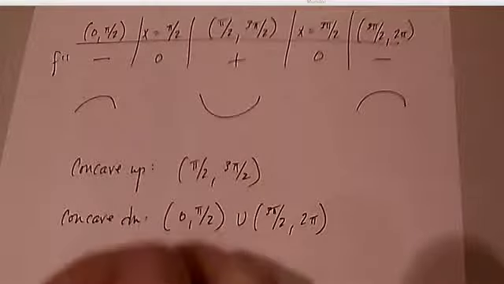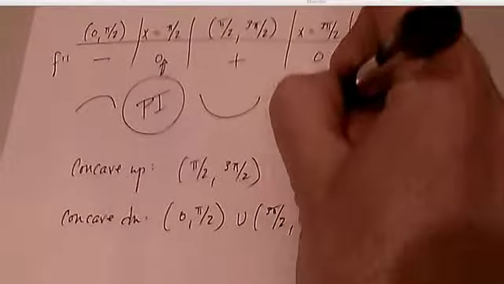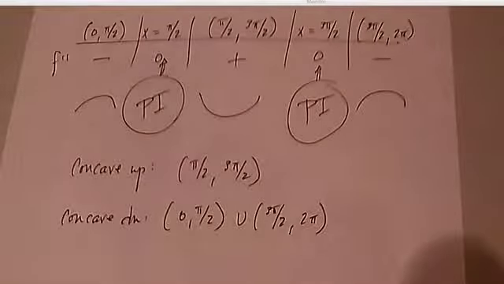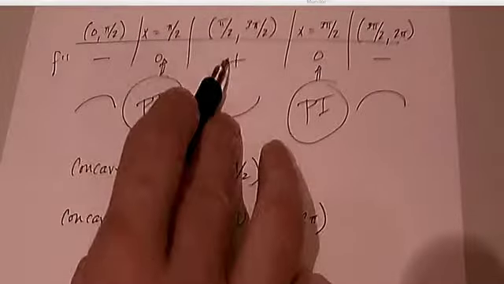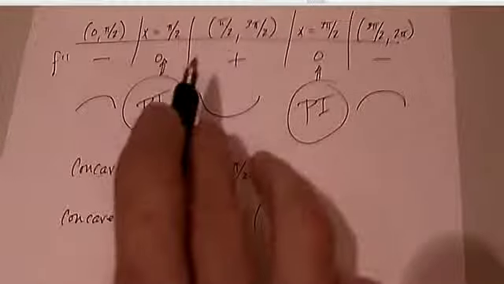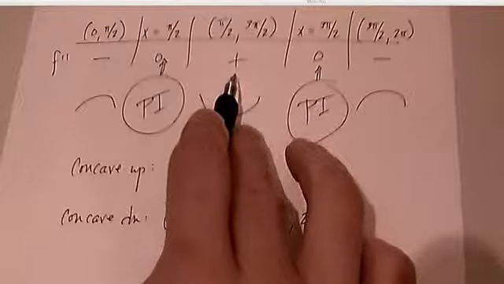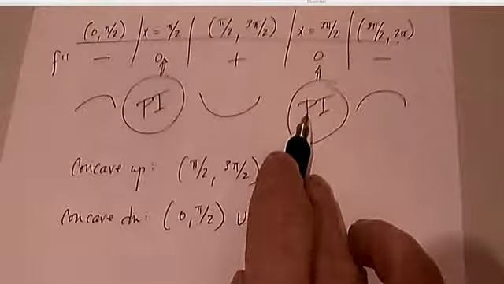And of course you would designate these as points of inflection once you find the corresponding outputs, and reason it out. Just basically say that the second derivative changes sign from negative to positive here, showing that the concavity changes, and therefore that's a point of inflection. And the second derivative changes from positive to negative, from concave up to concave down here, showing that that is another point of inflection.